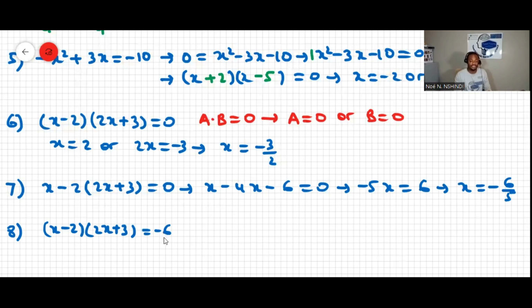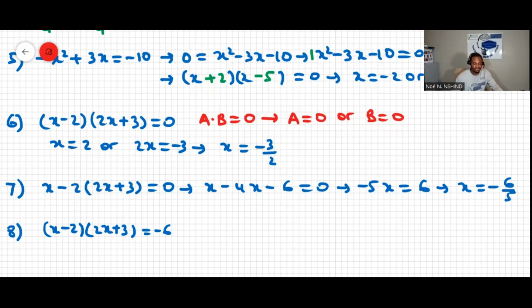We cannot split this negative 6 into 1 times negative 6, or 2 times negative 3, and then equate x minus 2 to 1 or 2x plus 3 to 6. No, we cannot do that. Here we need to expand this.